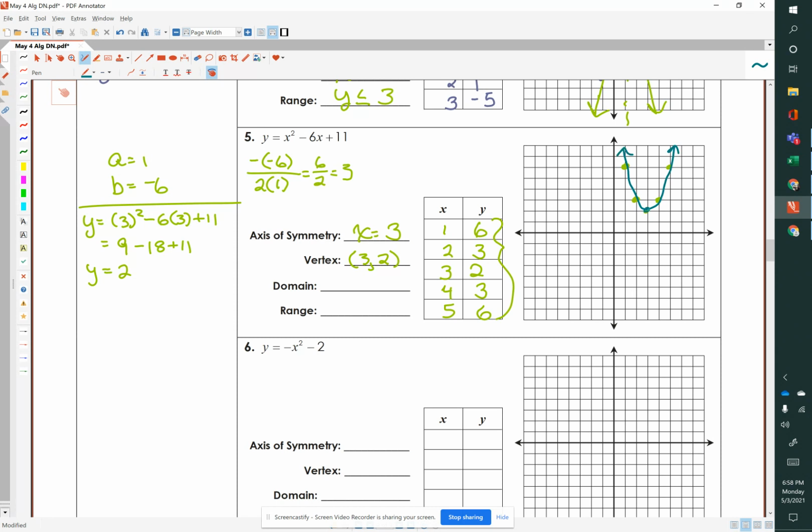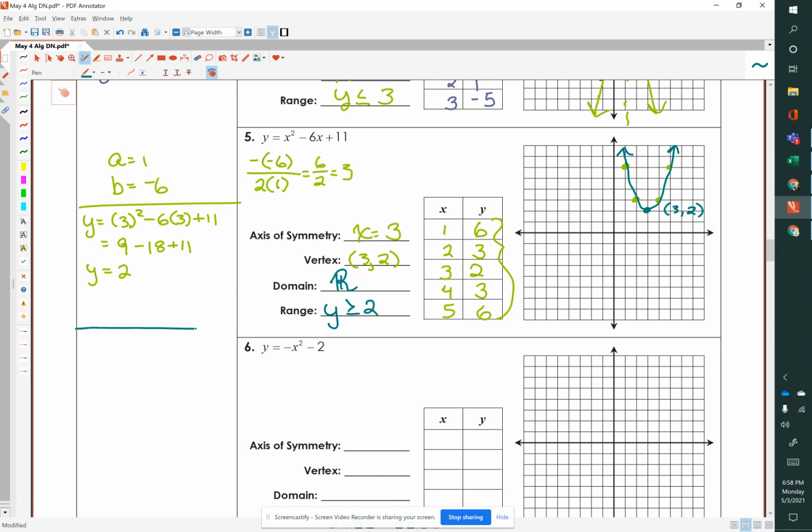And there's our vertex, which is the point 3, 2, and that is a minimum because our parabola goes upward. The domain is all real numbers, and our range is going to be values that are greater than or equal to 2.